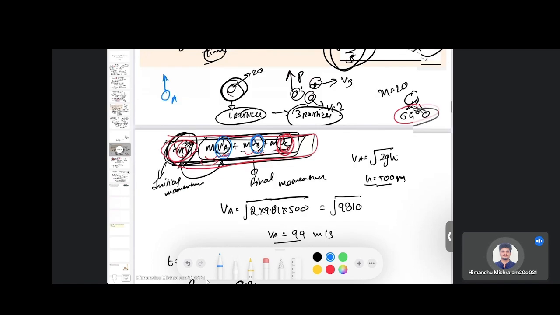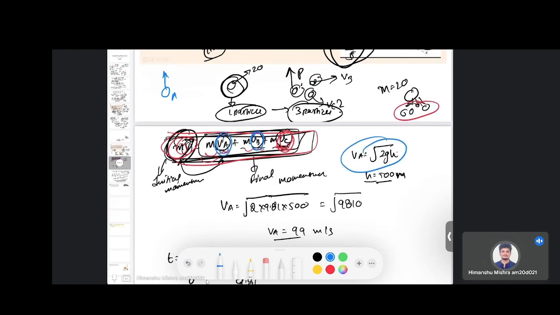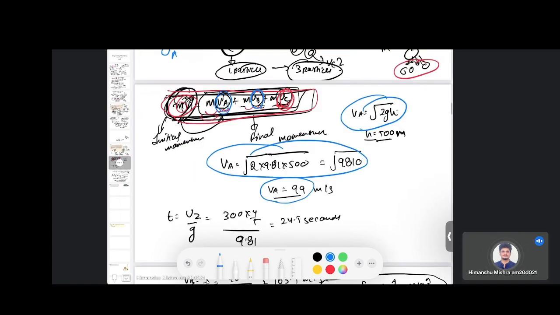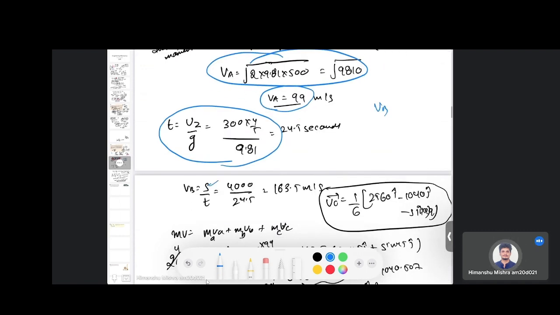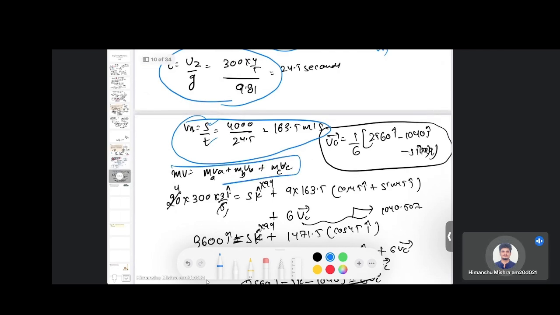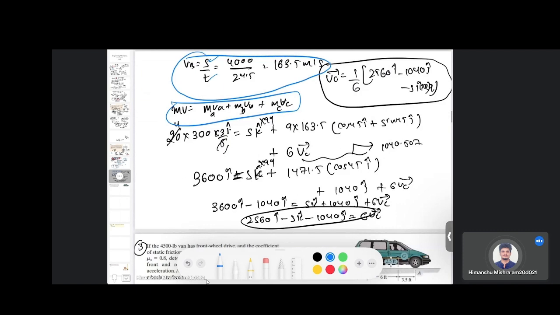So we use the formula root 2gh to find the velocity of fragment A, which is 99 meter per second. To calculate the velocity of fragment B, first we calculate the time and then use the distance by time equation. Then we use the momentum conservation equation to calculate the velocity of fragment C.